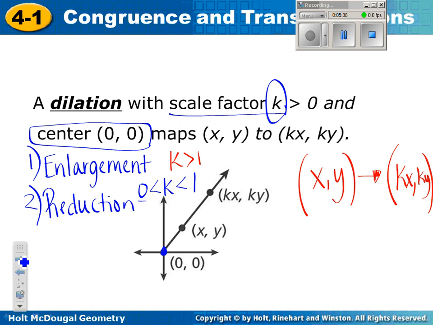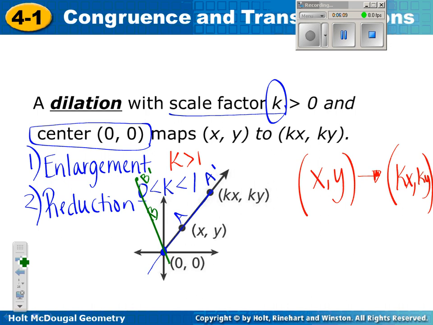If the center is not at the origin, you can find it by simply taking your image point. So if this were A prime and this were A, connect your image point back to your pre-image, and wherever they intersect, so let's say I had another point here, B prime and B. If I connect those points and draw them back, wherever those lines intersect will tell me where my center is.